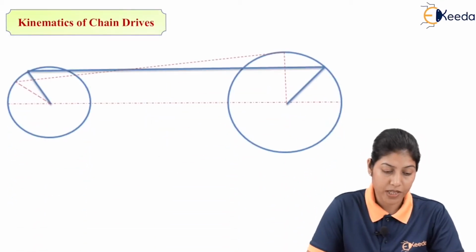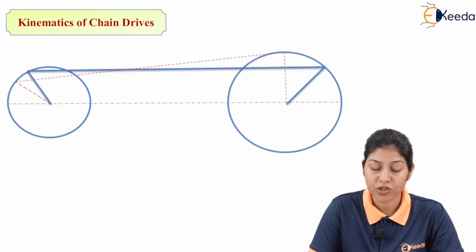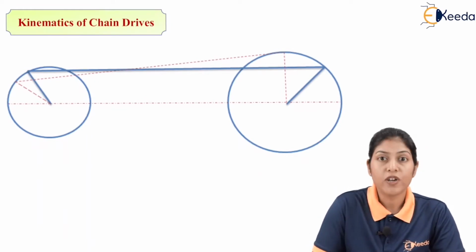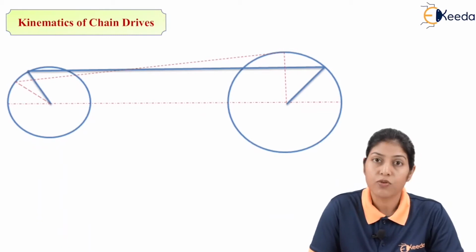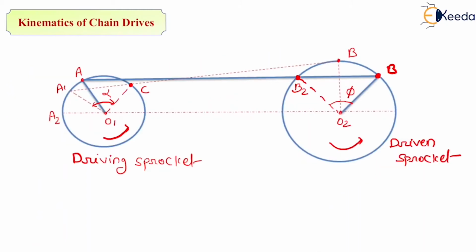Here, with the help of this diagram, we can determine the number of links as well as the number of pitches involved in the chain which is wrapped around the sprocket. Let us consider two sprockets: one is the driving sprocket and another is the driven sprocket, and both are rotating in anti-clockwise direction.